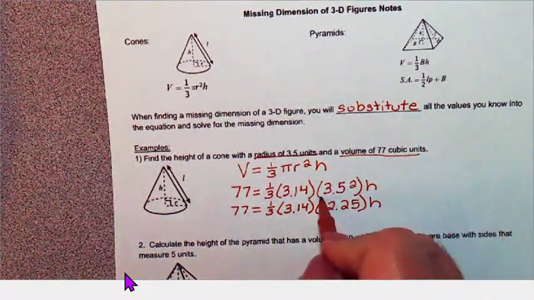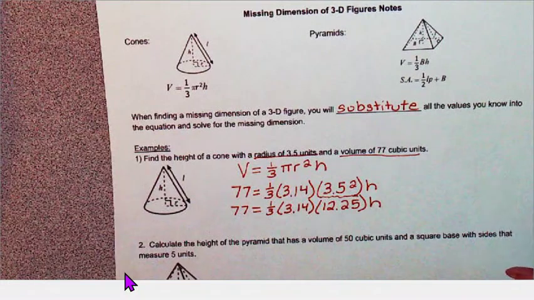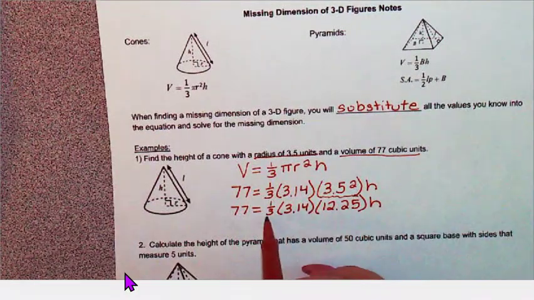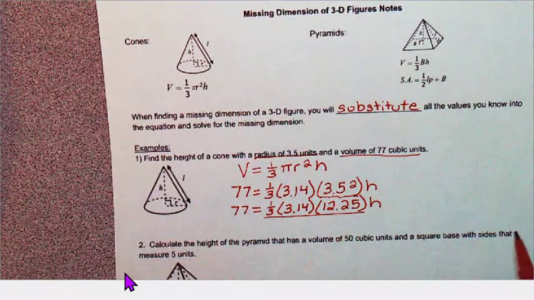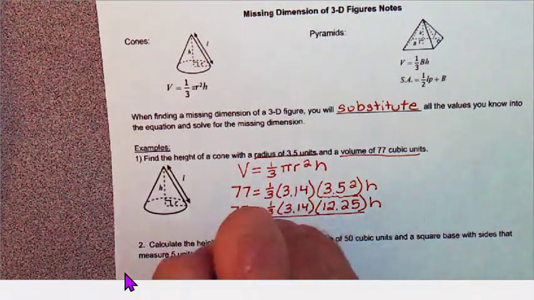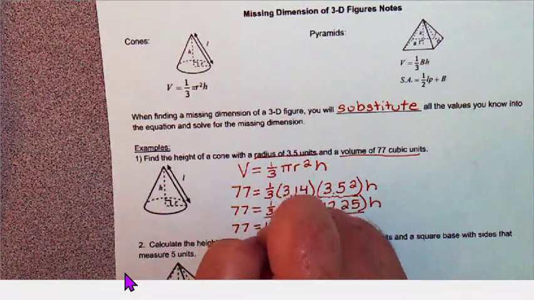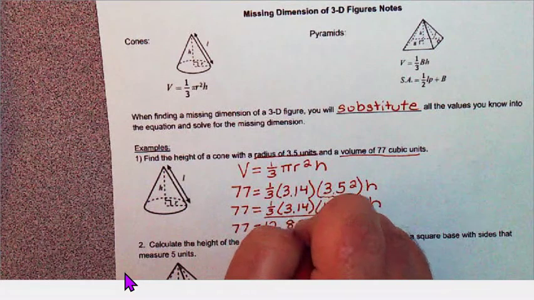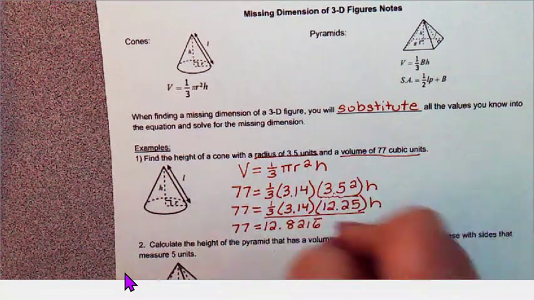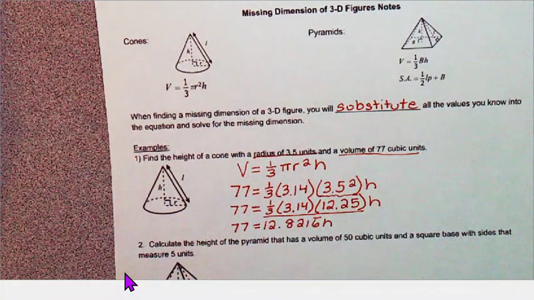That's my first step. Now, this is all a big multiplication statement. I can put that in my Desmos, and it's going to spit out a really long decimal, 12.8216 repeating. And then I have to attach my h.